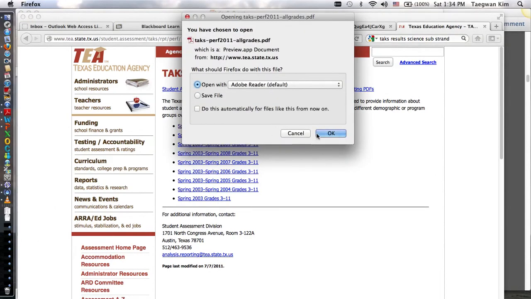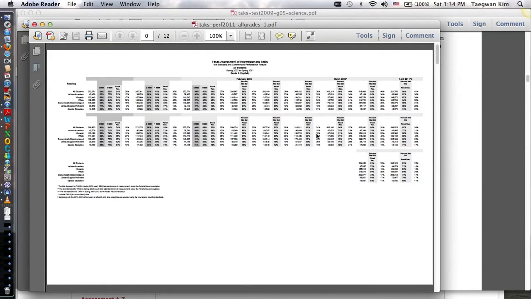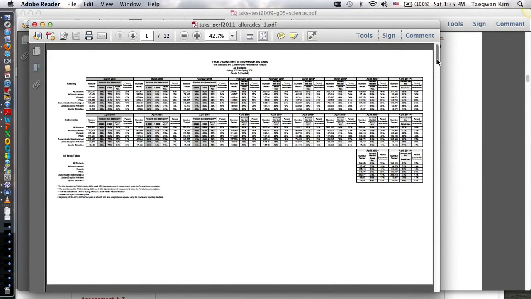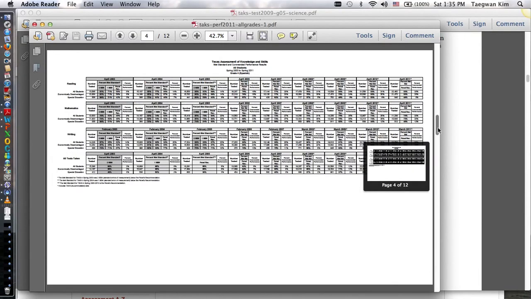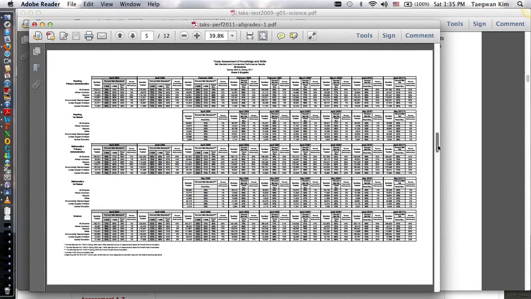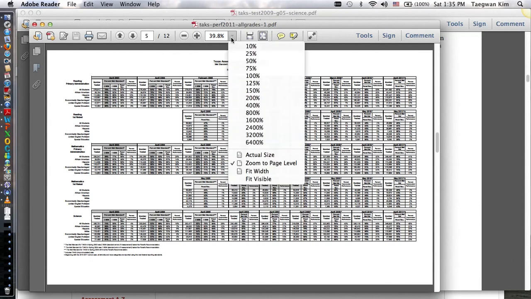When you go to this, then you will see each grade, like grade 3, and then grade 5. That was the grade 5 for science. So you can see more other grades' results from this website.